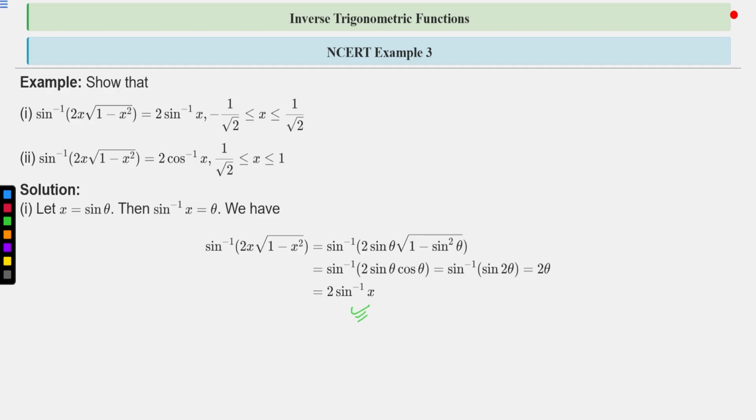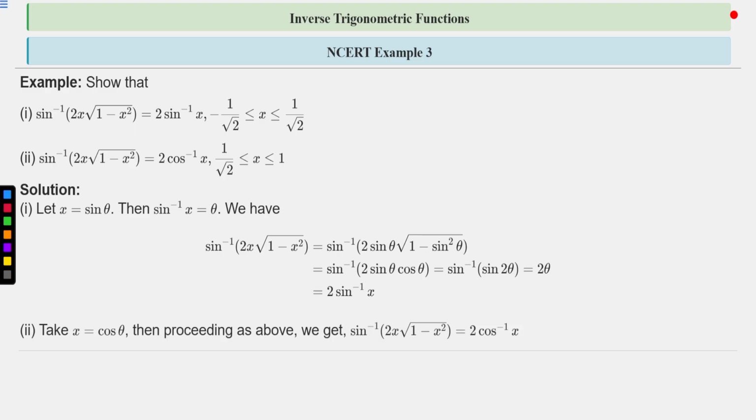So this proves that sine inverse of 2x root over 1 minus x square is equal to 2 sine inverse x, right?